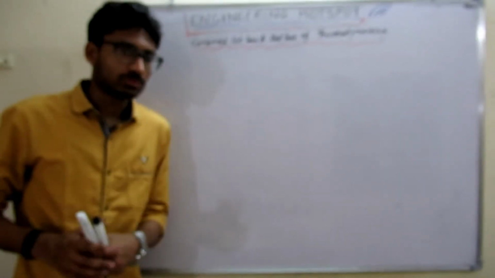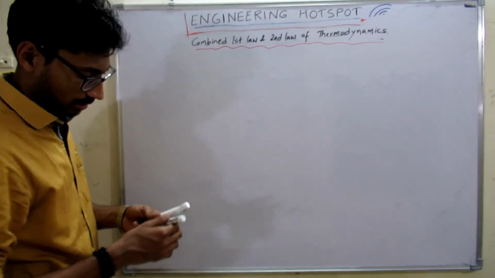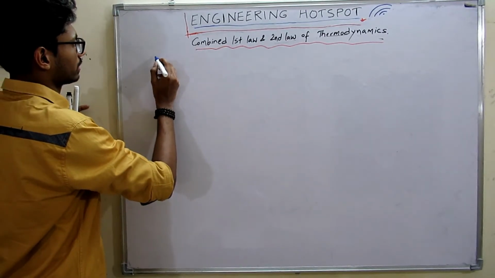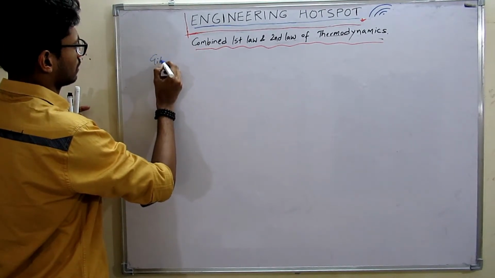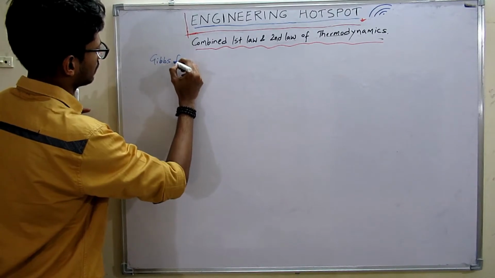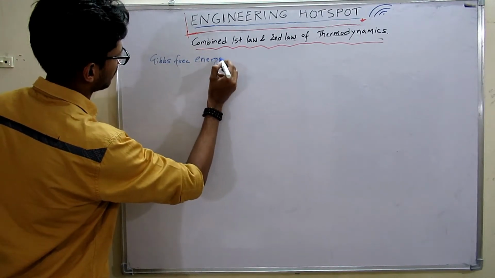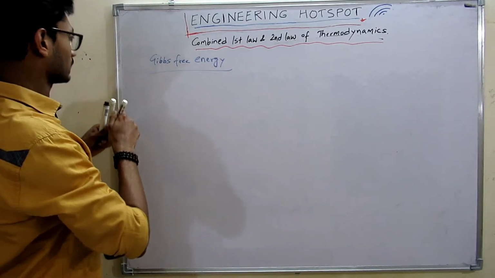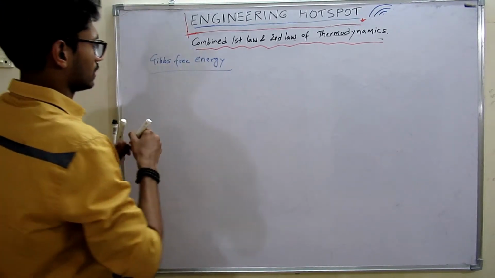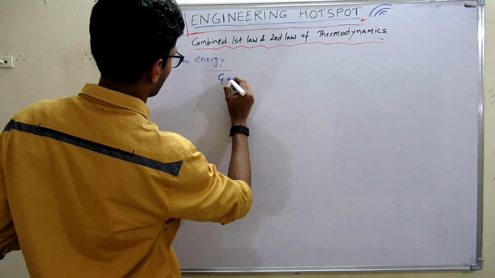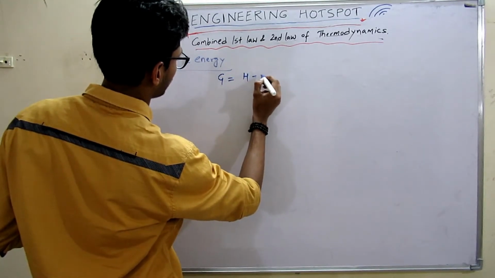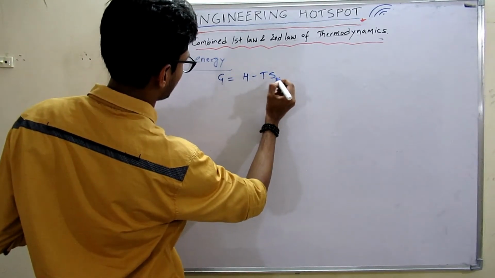I would like you to give some more information regarding Gibbs free energy. Gibbs free energy. Okay. So what is Gibbs free energy? This is basically given by G is equal to H minus TS.